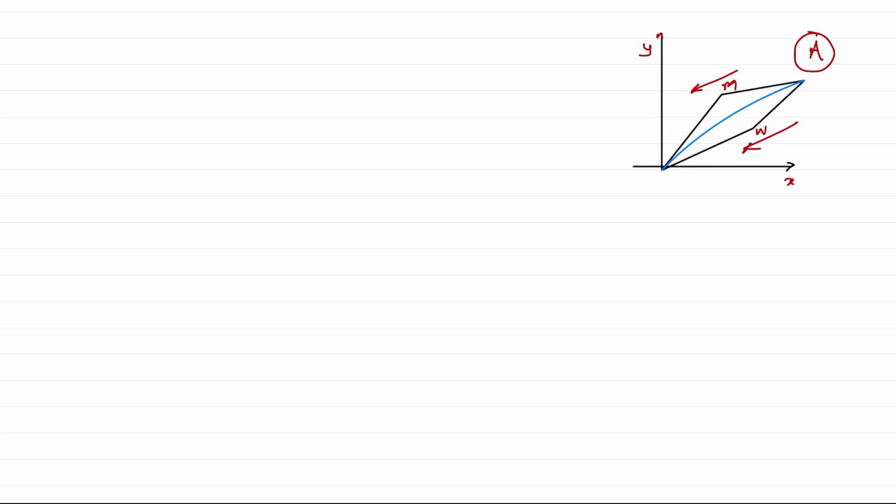Inverse is nothing but A inverse A is equal to I. I is a unit elementary matrix where I is equal to either 1 0 0 1 or whatever may be n by n matrix with all principal diagonal elements as unity and all other elements as 0. That is the value of I.